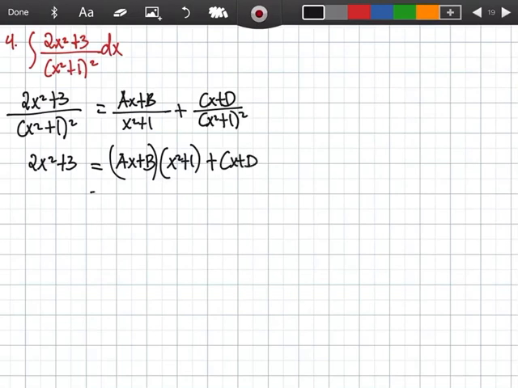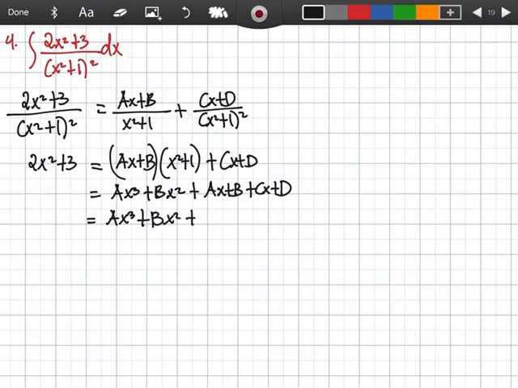Let's solve: ax cubed plus bx squared plus ax plus b plus cx plus d. Combining them: ax cubed plus bx squared plus (a plus c)x plus (b plus d).